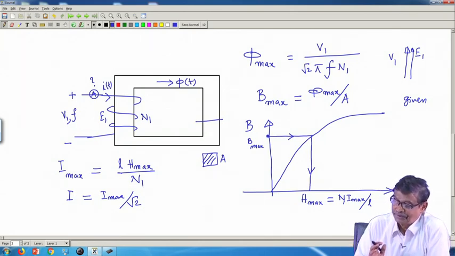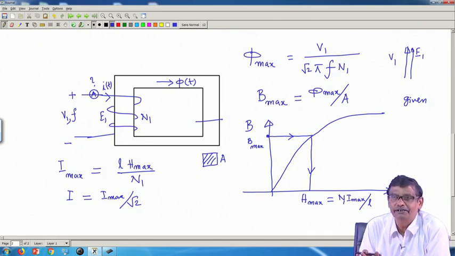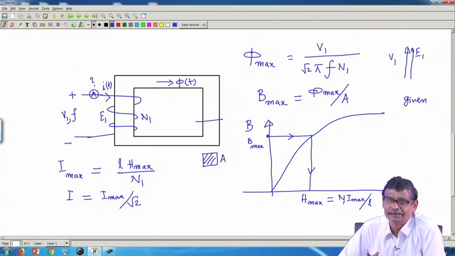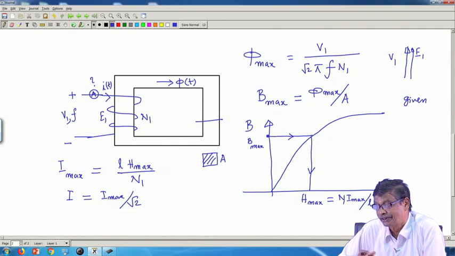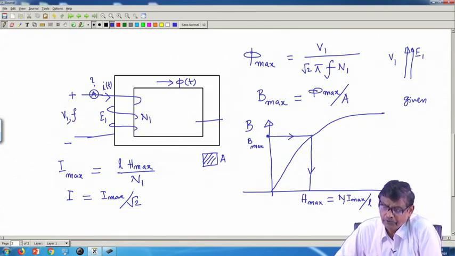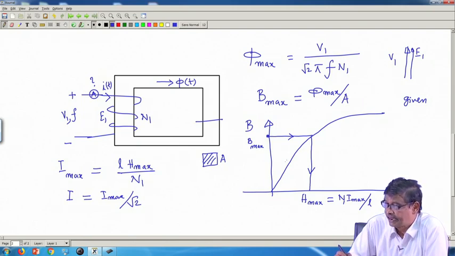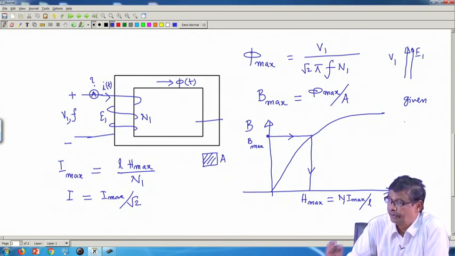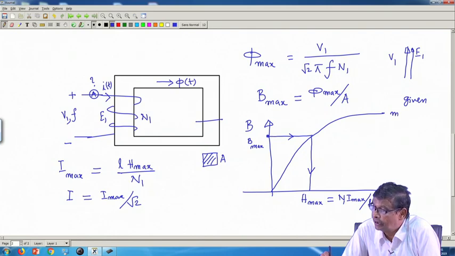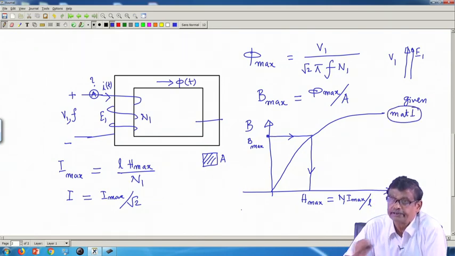Now, if you understand this part, then we can really discuss much more about an ideal transformer, although I have not used the term ideal yet, at least in today's lecture. Suppose I say that this magnetic material and its BH characteristic is this one. So, this is material 1, for which the BH characteristic is known.